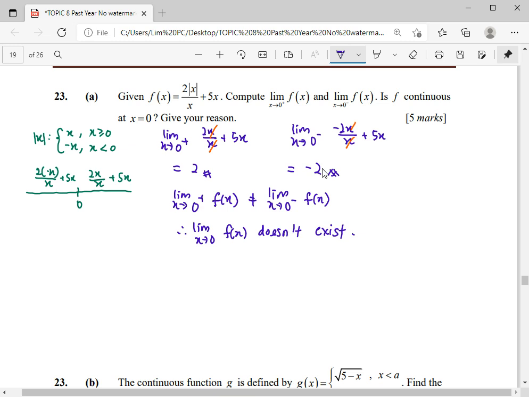When it does not exist, it already fails condition number 2 in continuity. So when condition number 2 cannot be fulfilled, this function definitely is discontinuous. It cannot be continuous when one of the conditions fails to be fulfilled. So that will be our reason.